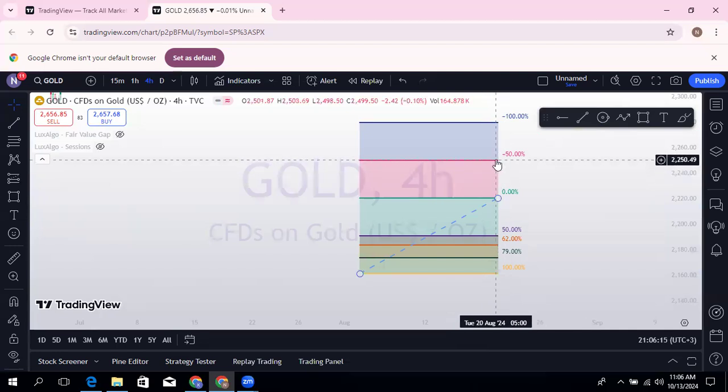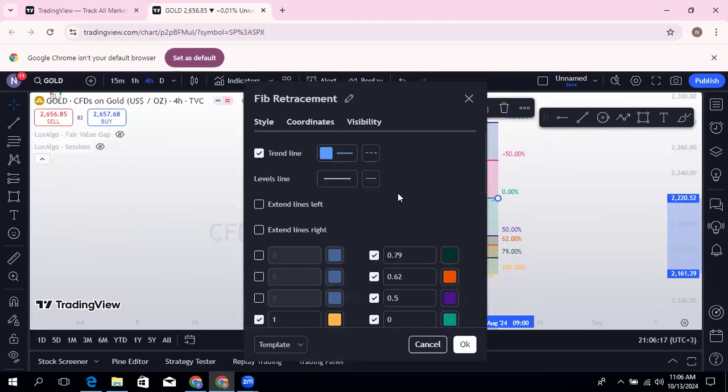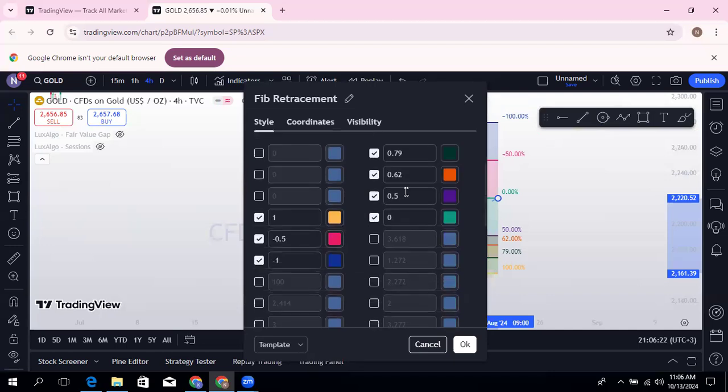These are the settings. Go to Fibonacci retracement settings, and then you add that, but test your strategy, you'll enjoy.